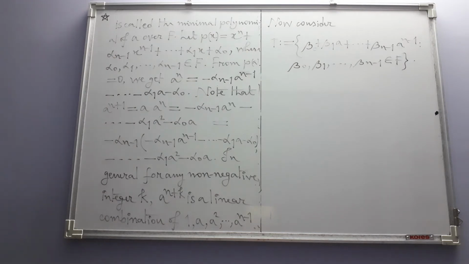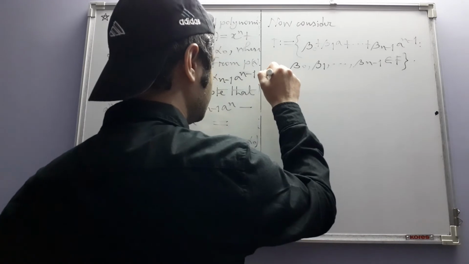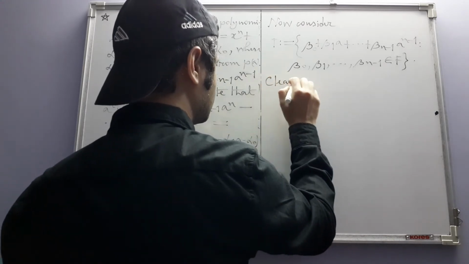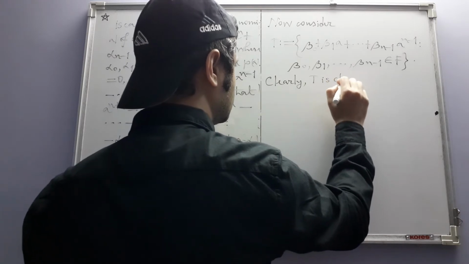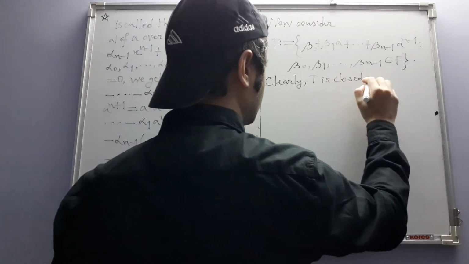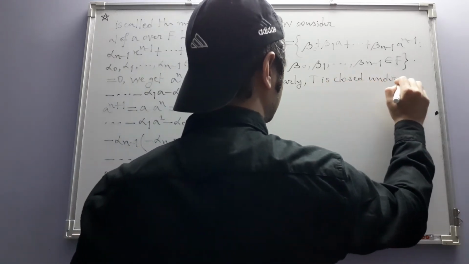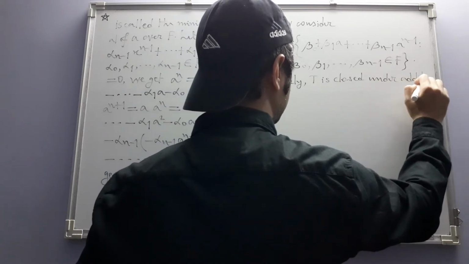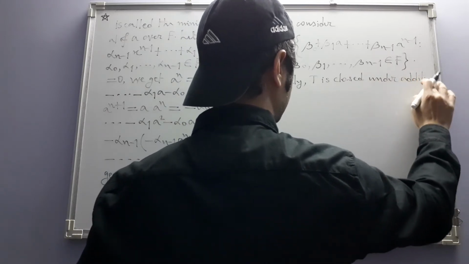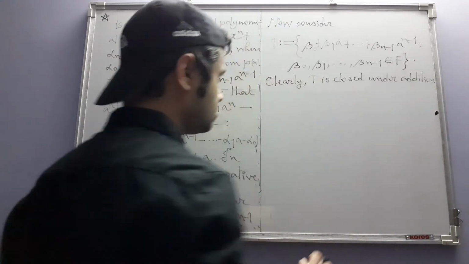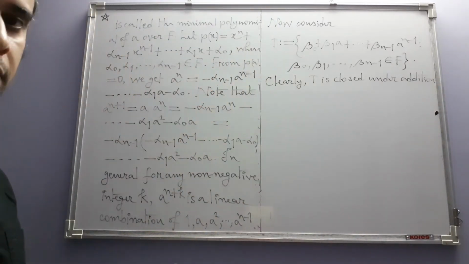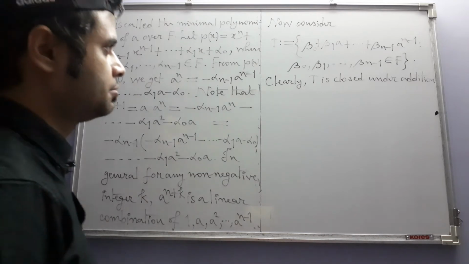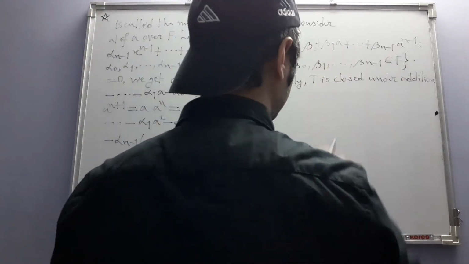Okay, so we are going to consider T. Clearly, T is closed under addition, which one can almost see why that is the case. You add any two elements in T, you again get an element in T because of the structure of these elements.